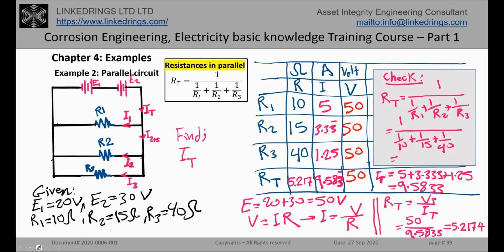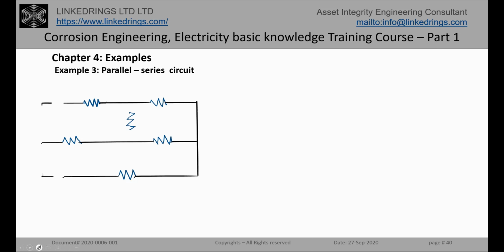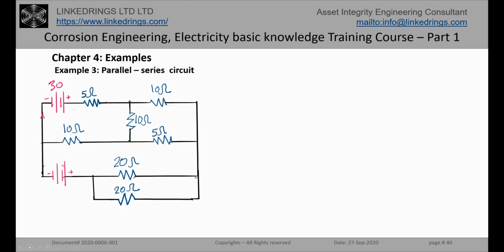If we use our calculator, we'll find the value is 5.217, which is the same value here. So our solution is correct. Let's take example number 3. Example number 3 is a parallel series circuit combination.